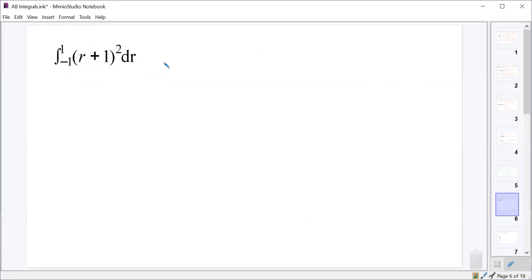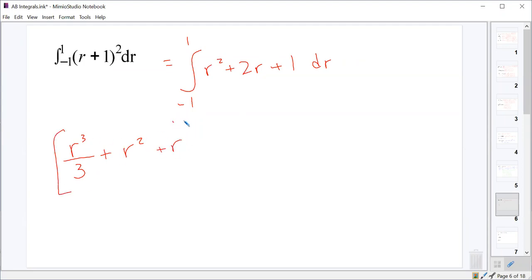Sometimes we need to expand out our terms. So -1 to 1, and we'll expand this out to become r squared plus 2r plus 1 dr. And now we'll just integrate r cubed over 3 using the power rule, 2r squared over 2, or just r squared, using the power rule, and plus r using the power rule, evaluated from -1 to 1.